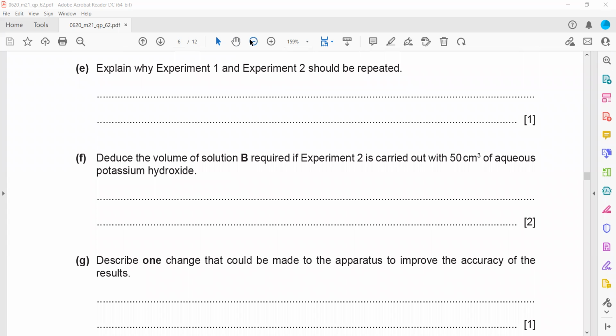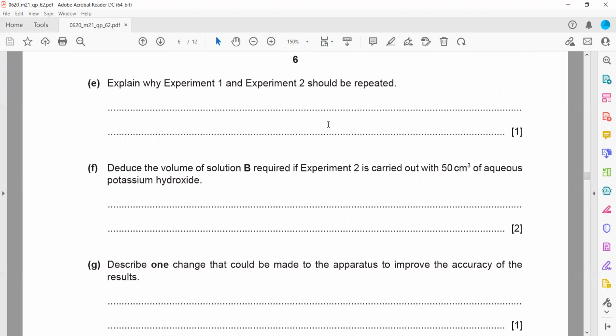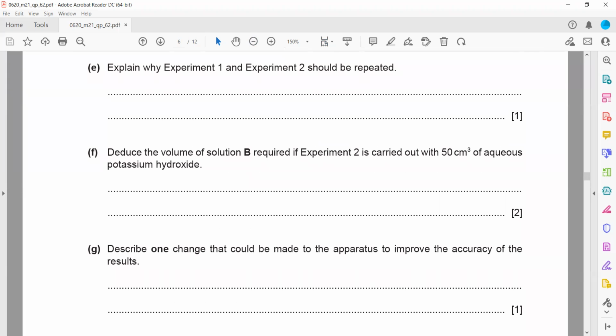Then in part E, explain why experiment 1 and experiment 2 should be repeated. Why should we always repeat the experiment? Here we only measured the initial volume and the final volume, and we got the volume of how much acid is used. But whenever we repeat the experiment, we can identify the errors or anomalous results, or we can find an average result which is more accurate.